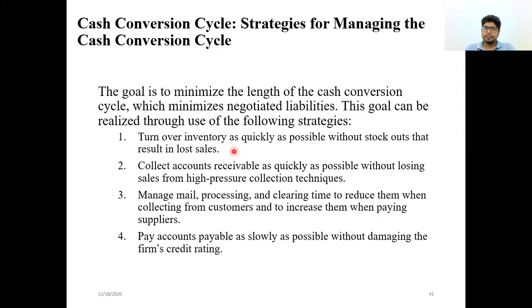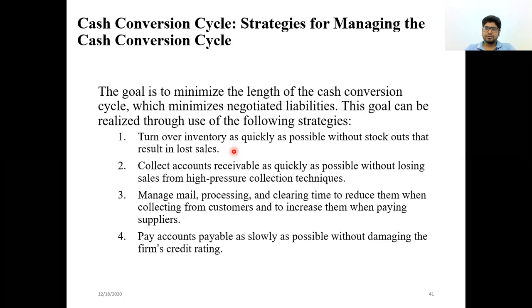Manage mail processing and clearance time to reduce them when collecting from customers, and increase them when paying suppliers. In case of settlement, if you purchase anything, you have to settle the money, so when you settle the payment, you have to delay the payment.